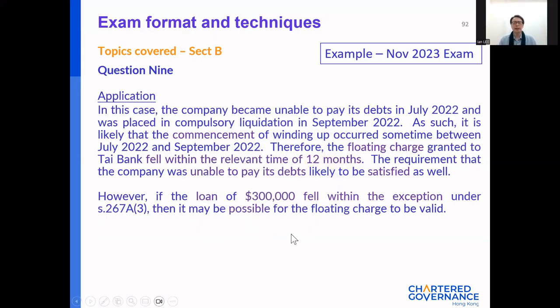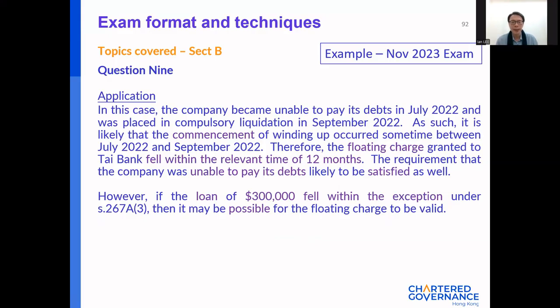So application, let's apply that to our story. In this case, the company became unable to pay its debts in July 2022 and was placed in compulsory liquidation in September 2022. So it's likely the commencement occurs sometime between those two dates. Therefore, the floating charge granted to Thai Bank fell within the 12 months because it was granted in August.